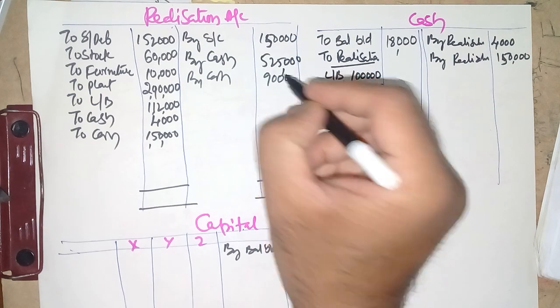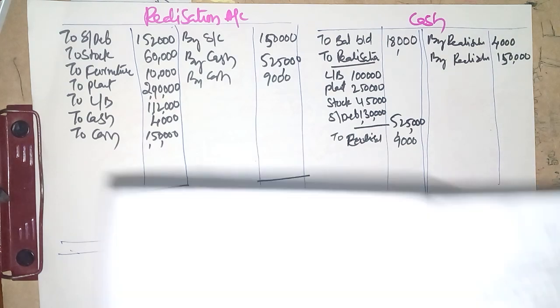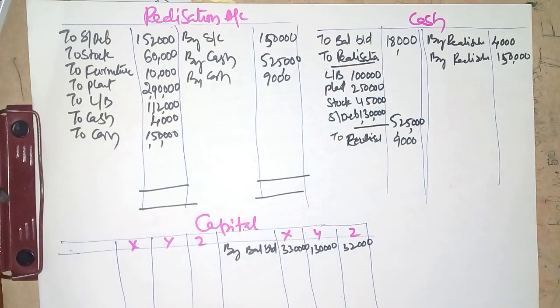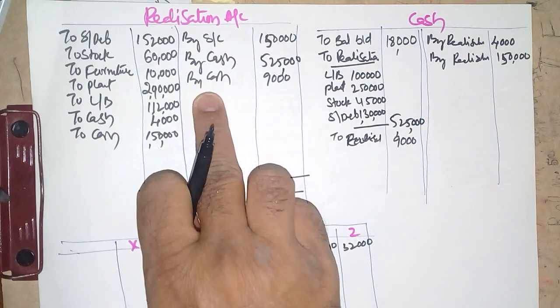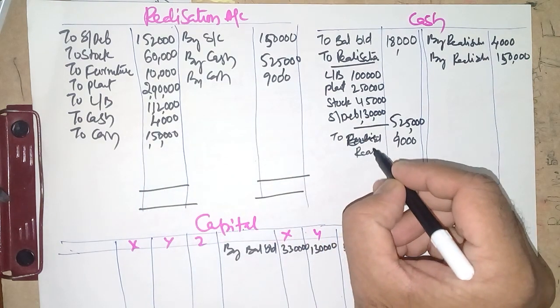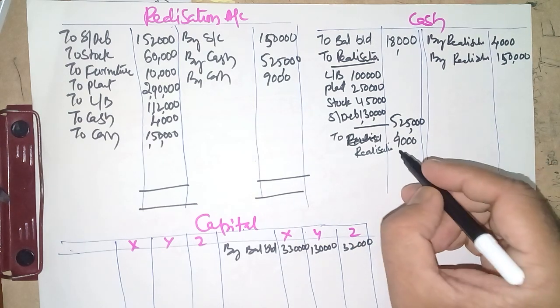We have realized furniture too, that I missed out while writing. So furniture value is 9,000, which is given in the question. I forgot to take it. Now I am taking it, right?